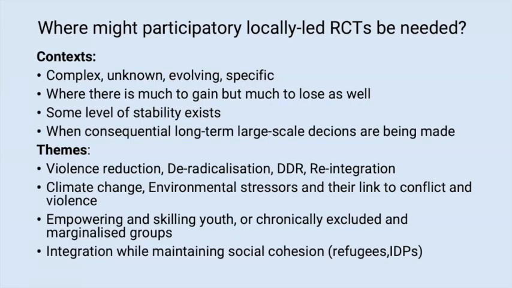RCTs are also probably most needed where there is much to gain, but where there is much to lose as well. So there needs to be a sweet spot of where interventions can be really effective, and we need to be sure that what we're doing has an impact.